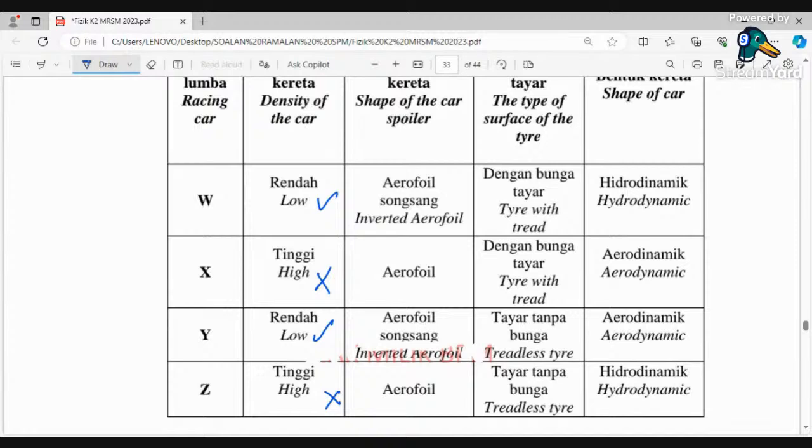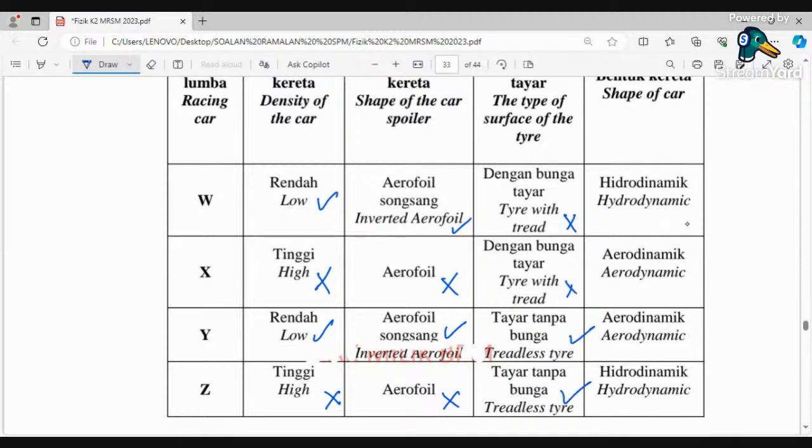Okay, shape of the spoiler kita guna inverted aerofoil. Okay, untuk racing car kita pakai inverted. Okay, tire, tread, bunga pada tayar. Okay, kita nak pilih yang ada tread atau tak ada tread. Okay, kalau tengok kereta tu tak ada tread lah, treadless lah.